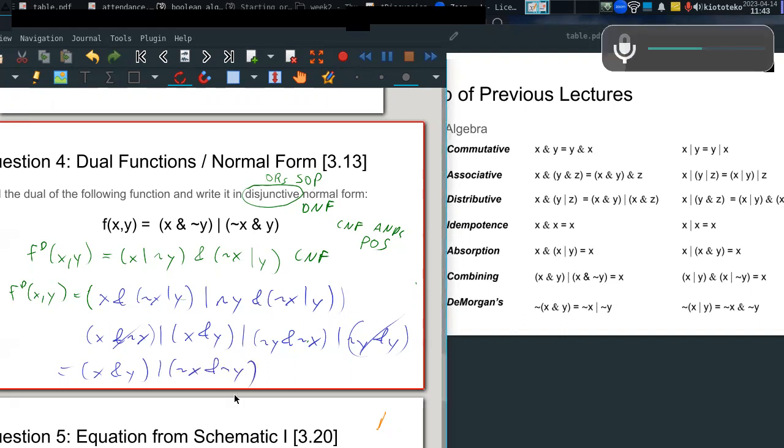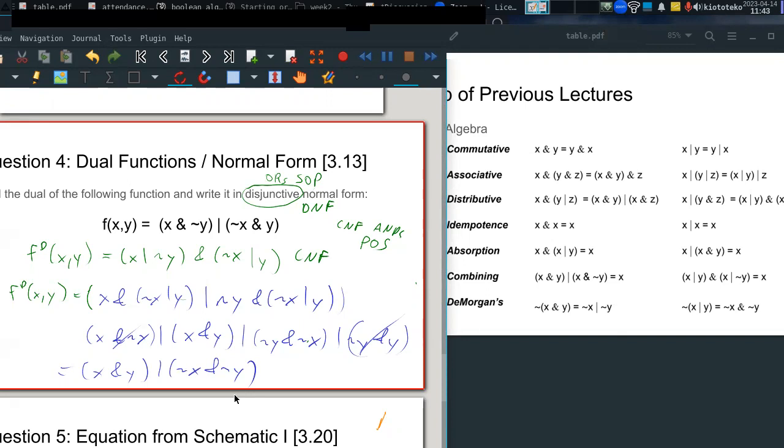And just as a side note, the way you transform from conjunctive to disjunctive is just distributing, as you can see here, we have the dual here. And it's already in conjunctive normal form, which means a product of sums. And we want to get it as a sum of products, we just distribute and we'll get this, no?